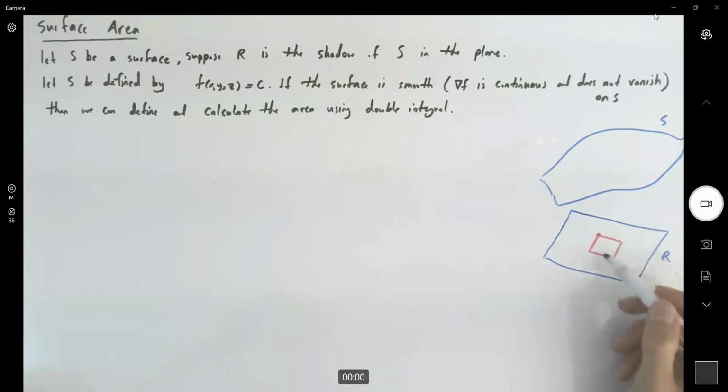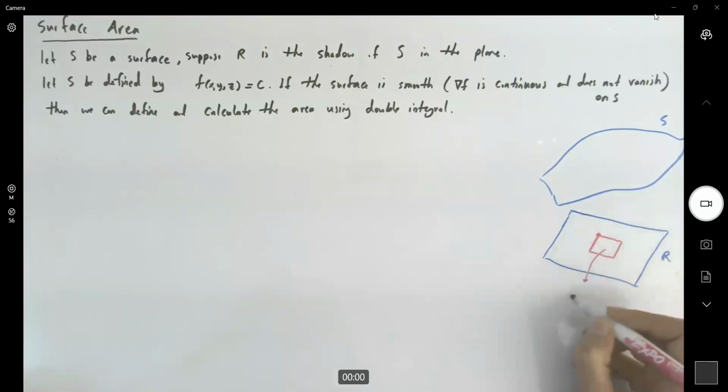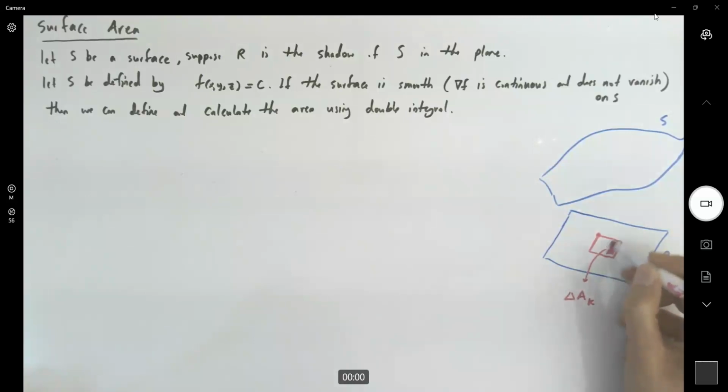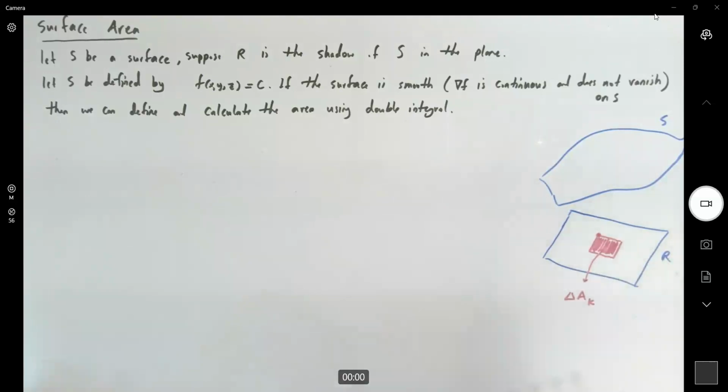We're going to take this small rectangle and we're going to call it delta A sub K. Of course, it is some part of your surface which is reflected as a shadow in the plane.